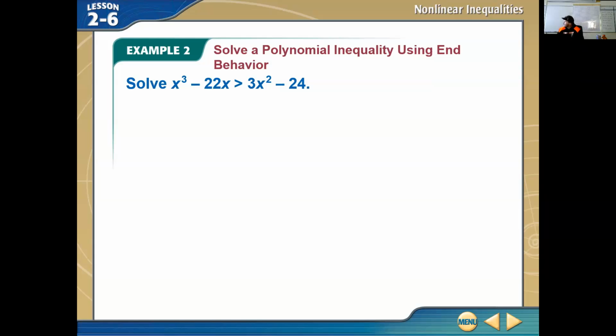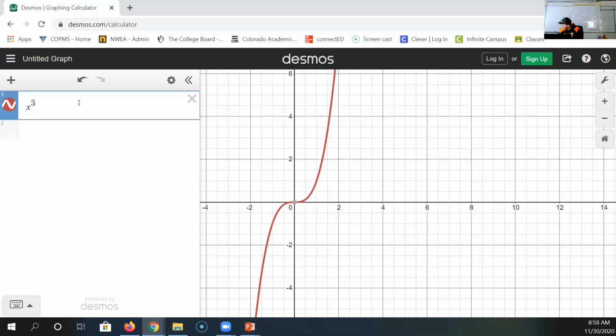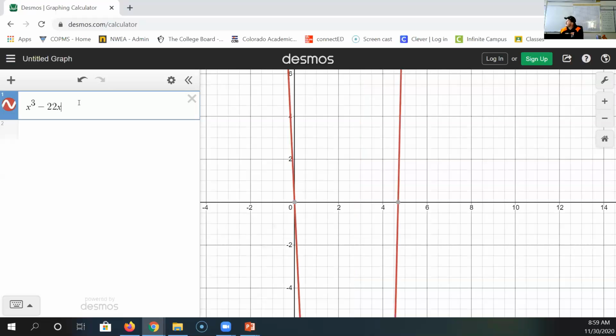So like I said, we're going to end up using Desmos here. But if we just plug it into Desmos, you're going to see that it looks like a jumbled mess. It's 22x.